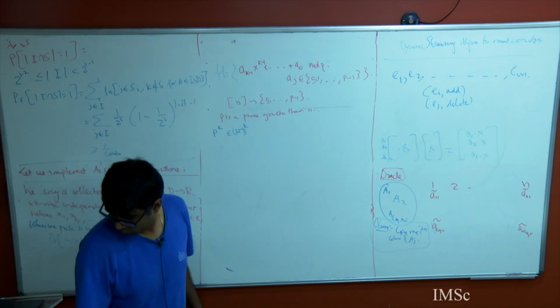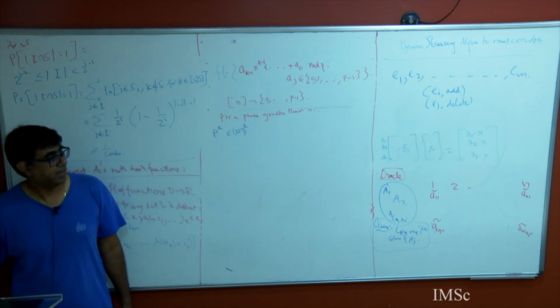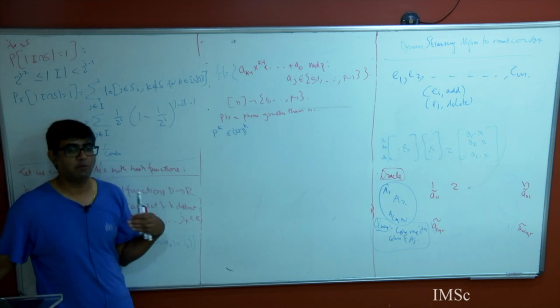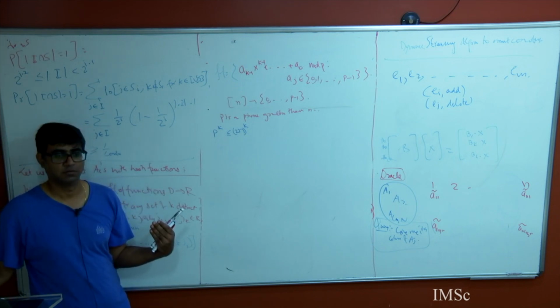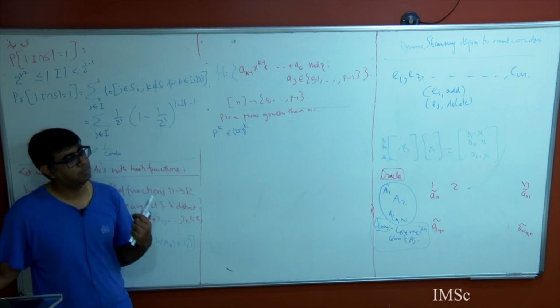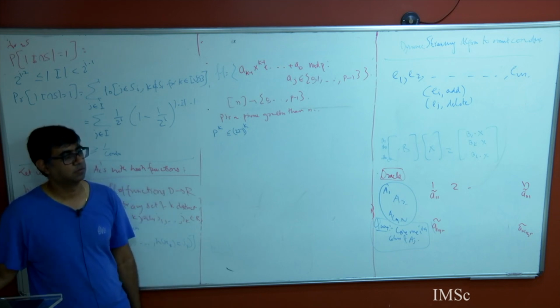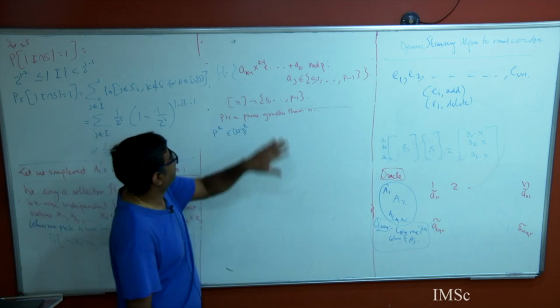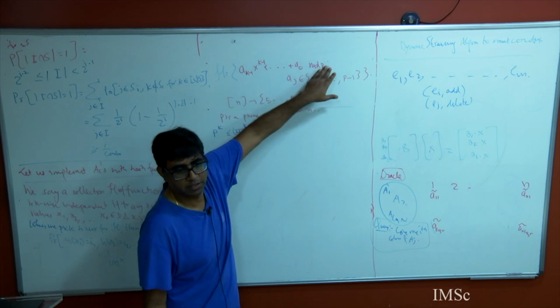Okay, good. And to store this h, how many bits do you need? If I have one k-wise hash function, how many bits of information do I need? It is completely quantified by these coefficients and p.